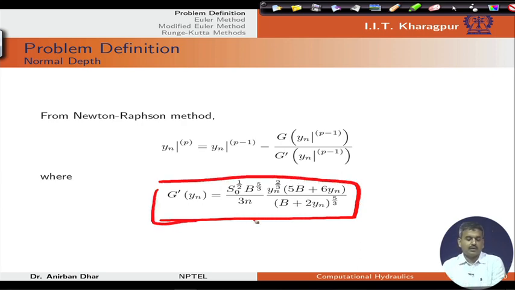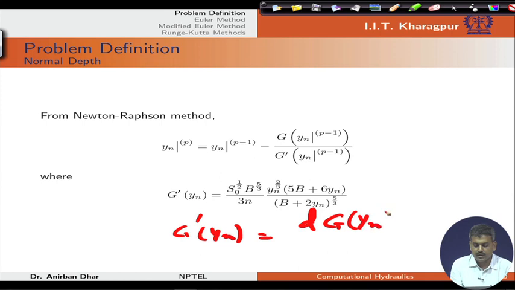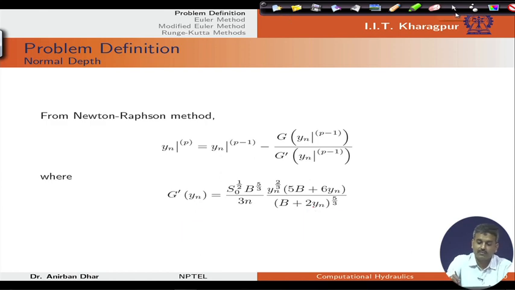If we take our nonlinear expression g of y n, we can differentiate it with respect to y, and we can get this value.